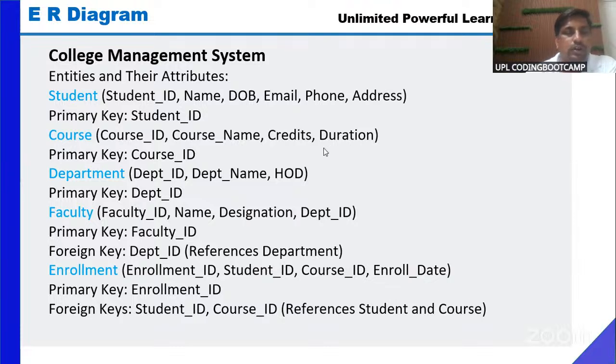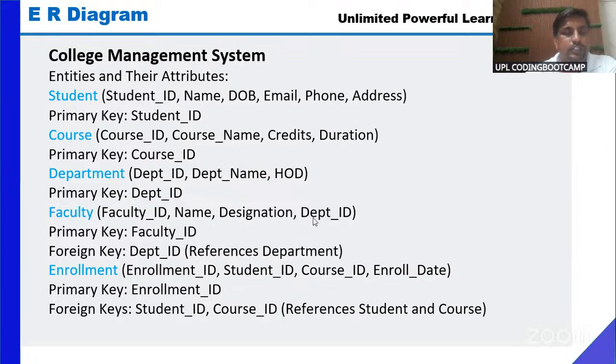Similarly, course: this is course ID, course name, credit. Department: a student enrolls for a course in a particular department, maybe physics department, chemistry department, mathematics department, computer science department. So department ID, department name, and maybe HOD or a location. Similarly, faculty: name, designation, and belongs to a particular department. The computer science teacher will belong to the computer science department.